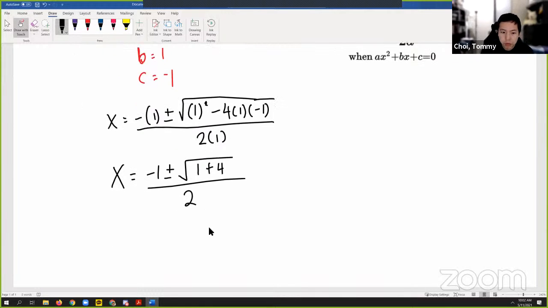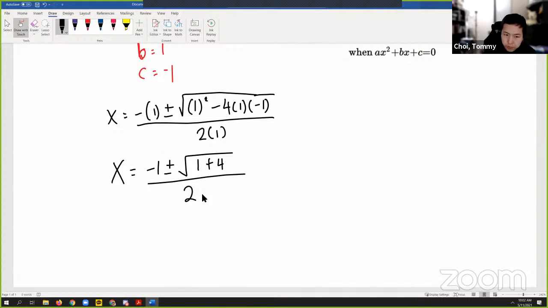So it should simplify to this, which allows us to continue and write this. Notice how that's not exactly going to be a nice fraction, is it? Or a whole number. So this is what we have here.